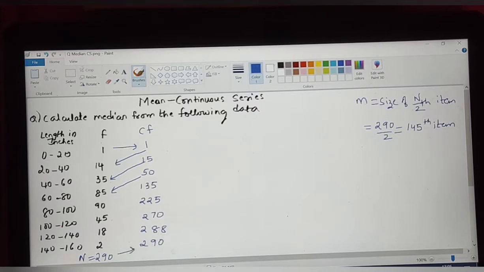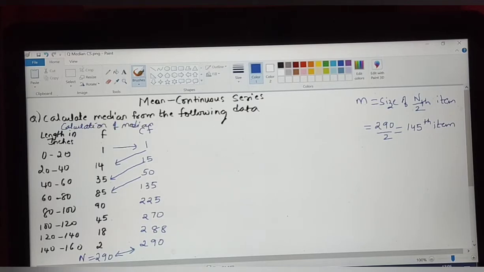If you notice, both of these values are the same, which means our cumulative frequency calculation is correct. Also, don't forget to name your table. We will name this table as calculation of median.